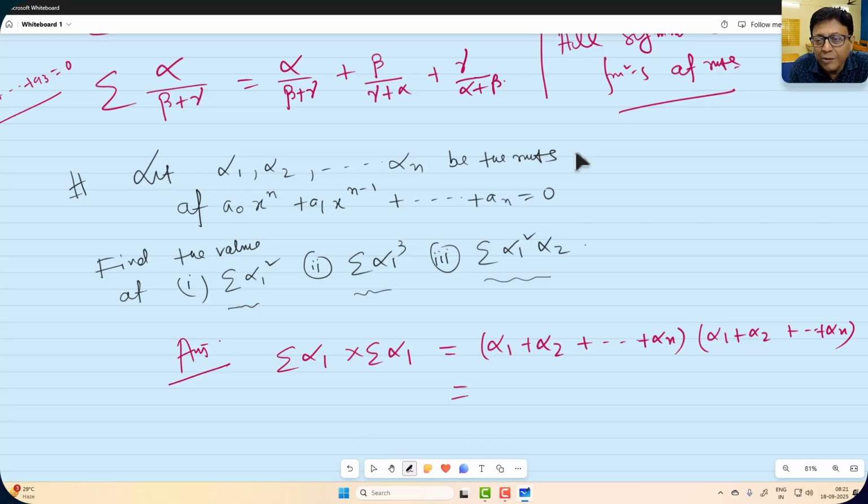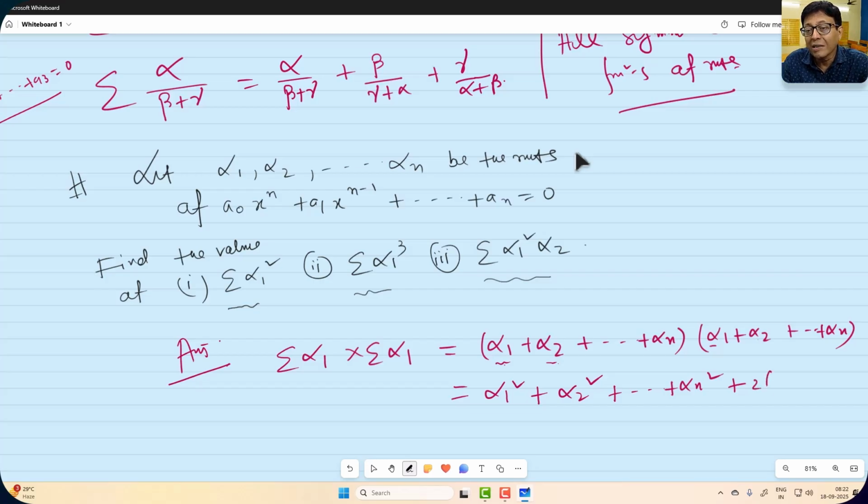Because when you multiply opening the brackets, you'll be getting terms like alpha 1 into alpha 1, this is alpha 1 square, plus alpha 2 into alpha 2, square, plus alpha n square. But not only these terms: alpha 1 alpha 2 is there, alpha 2 alpha 1 is there, alpha 3 alpha 2 there, alpha 2 alpha 3 there. So all these products taken two at a time, each term comes twice.